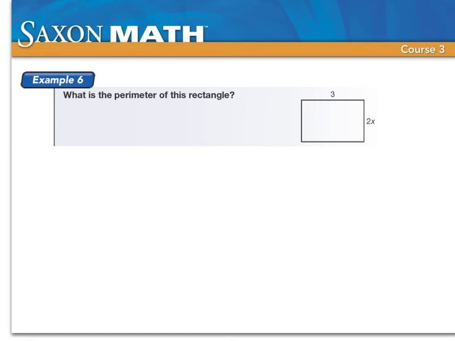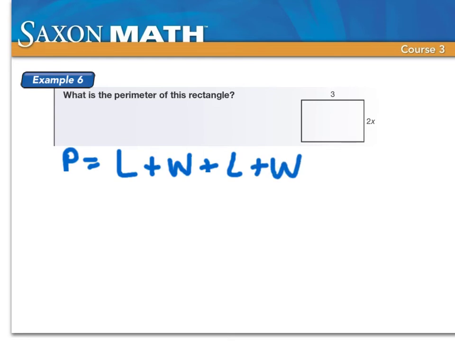Okay, this example asks me to find the perimeter of this rectangle. Well, if you remember correctly, the perimeter of a rectangle is all the sides added together. It's the length plus the width plus the length plus the width, because there's 4 sides to a rectangle. Alright, well, my length is 3.